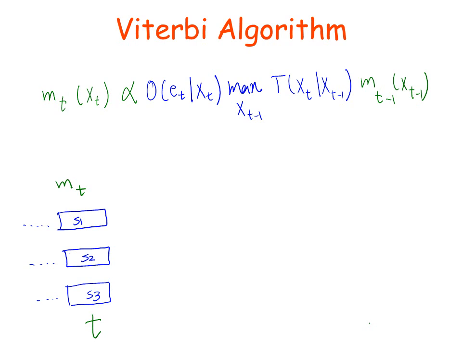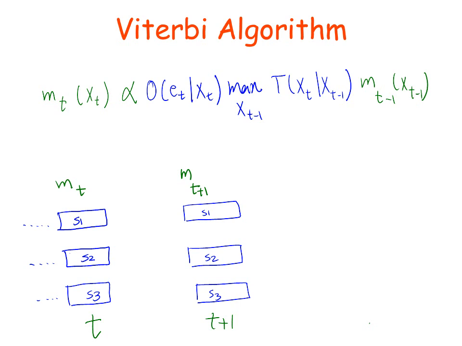We can look at the Viterbi algorithm as a message passing algorithm like what we did for the forward algorithm before. Suppose we have mt for all of the states s1, s2, s3 in time t, and we want to compute mt plus 1 for the states in time t plus 1.